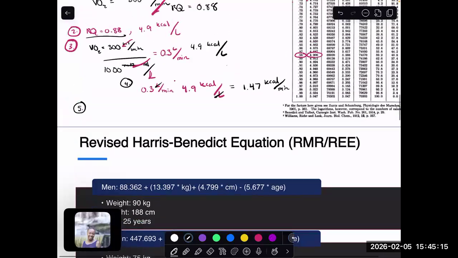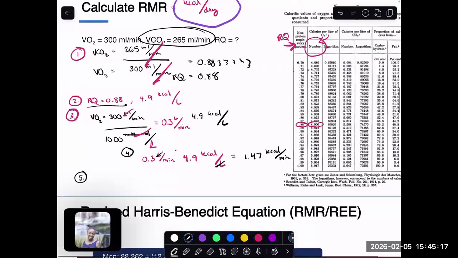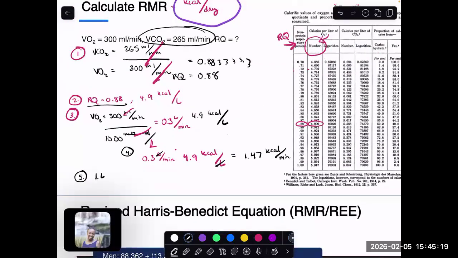To get from kcals per minute to kcals per day, we're going to multiply 1.47 kcals per minute by 1440 minutes per day. And you may be asking, how did I get that number? You multiply 24 hours by 60 minutes, and you end up with 1440 minutes per day.